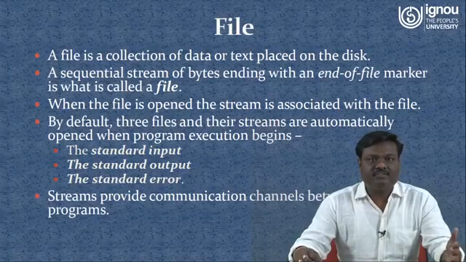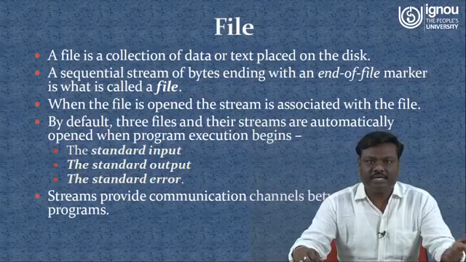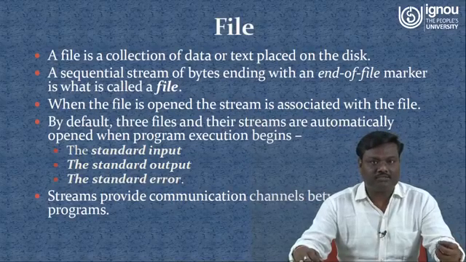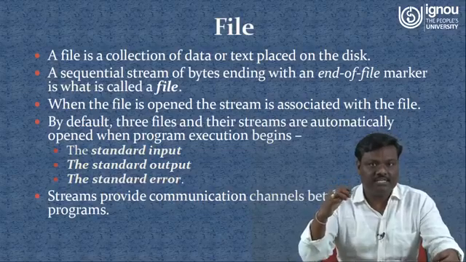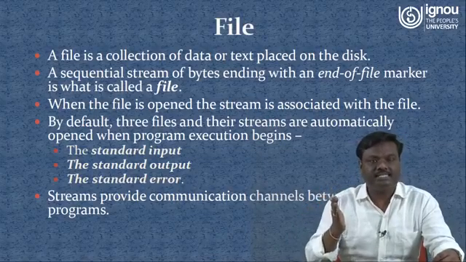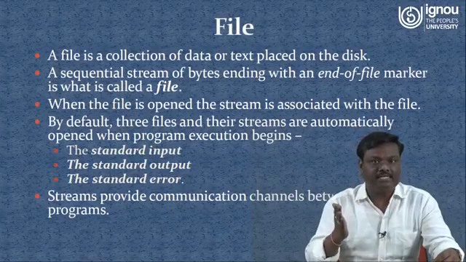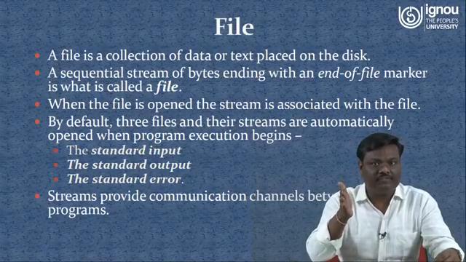The other definition we can provide here is, it is a sequential stream of bytes ending with an end of file marker. So the start of the file and then there will be an end of file marker, EOF. So that is the delimiter for a C file. So till then the bytes will be streamed and the end of the file will be EOF.